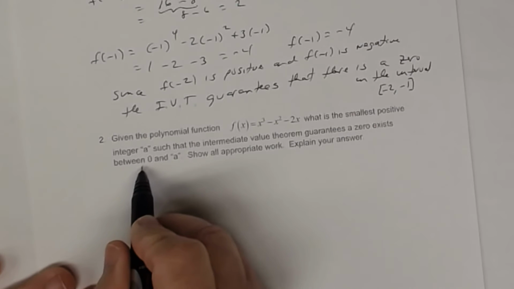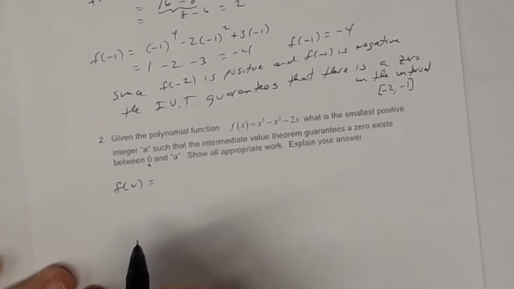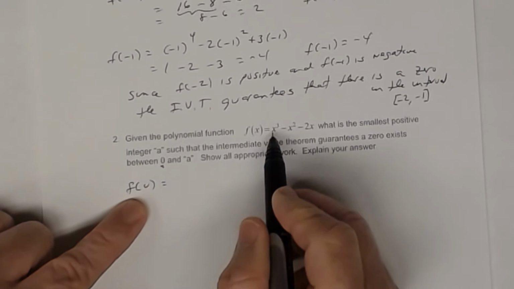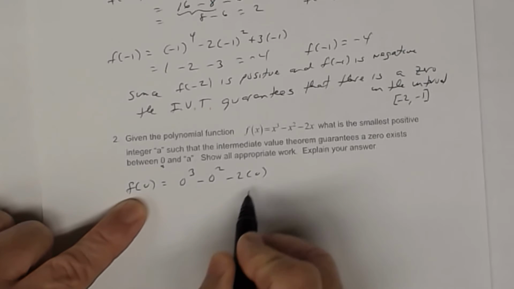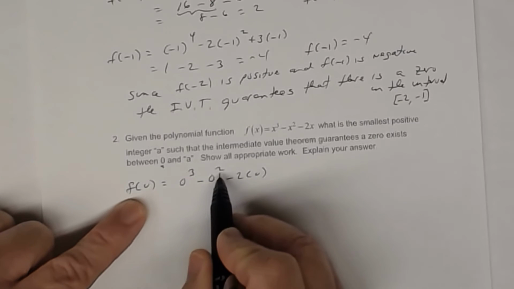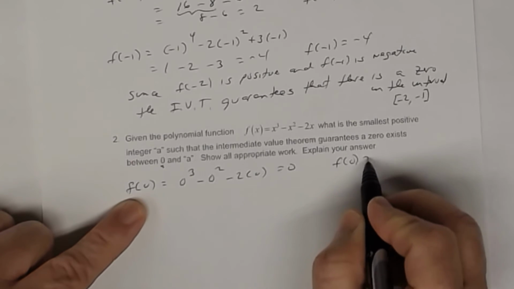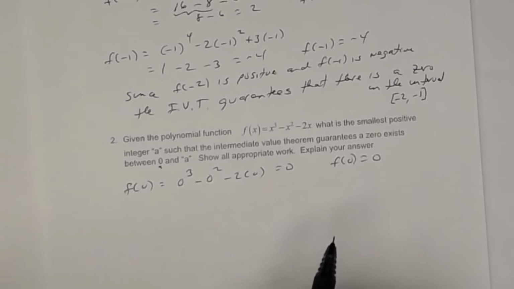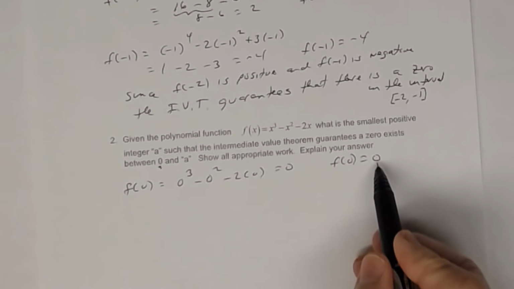If you went ahead and you did f of 0 first, so you said, well, I'm going to find f of 0. I want to show you what's going to happen. So f of 0 would be 0 cubed minus 0 squared minus 2 times 0, that's just 0. So f of 0 is equal to 0. But remember, the y value 0 here, that's not a positive nor a negative number.